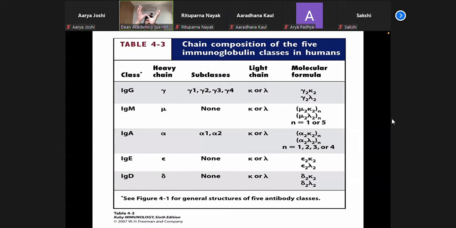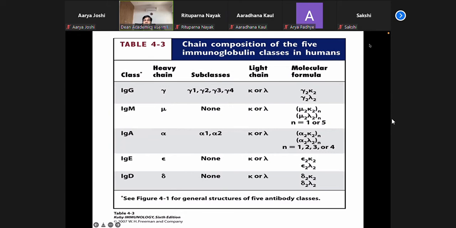Light chain more or less provides a scaffold or basically a framework. This is not to say that it does not have a variable region, but predominantly the interaction with antigens is affected by the heavy chain that you have, the variable region of the heavy chain, right?